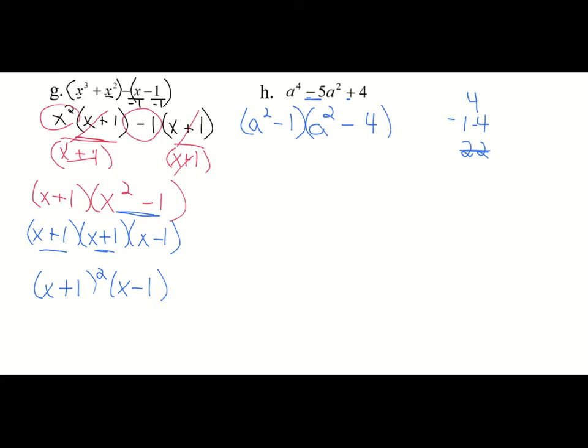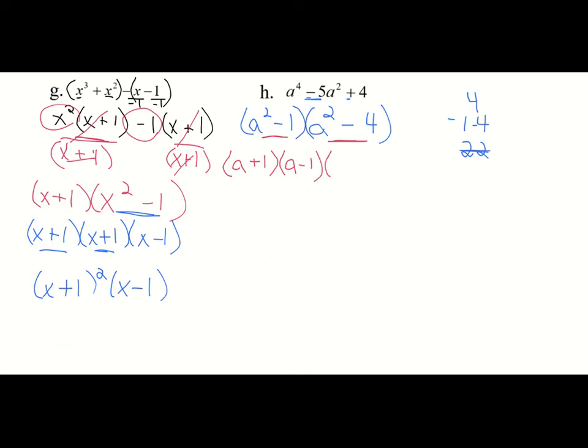Ooh, when I look at that, bells should go off. I have 2 terms right here, subtraction, and they're both perfect squares. And the same thing here, 2 terms, subtraction, both perfect squares. So I can factor both of these again. My a squared minus 1 is going to become a plus 1 times a minus 1.